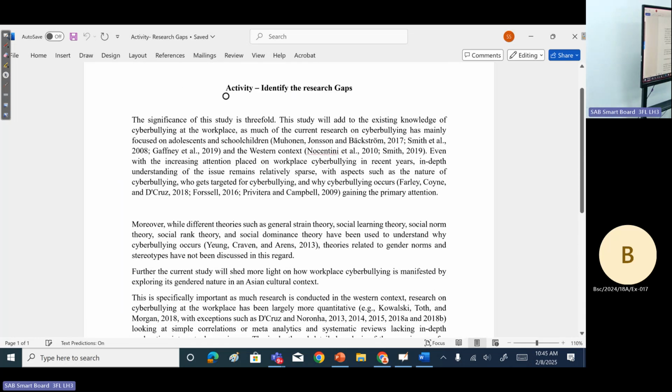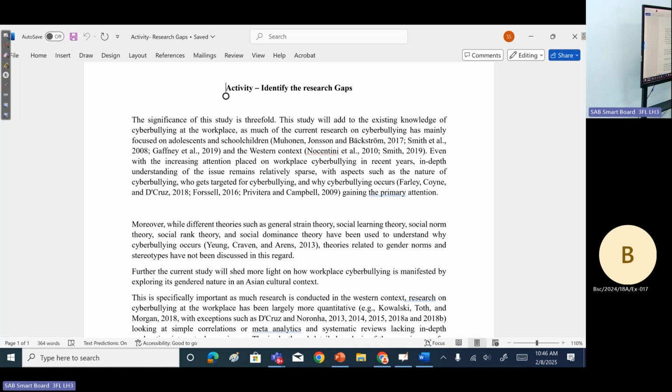Okay. This is the example for the research problem, which has been derived based on the research gaps, right? Each paragraph shows the research gap. Please read the paragraph and identify the relevant research gap for that paragraph. For example, the first paragraph, from here to here, reflects some research gaps.